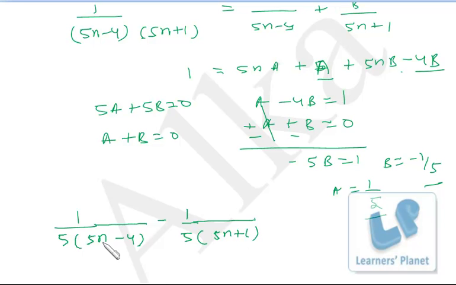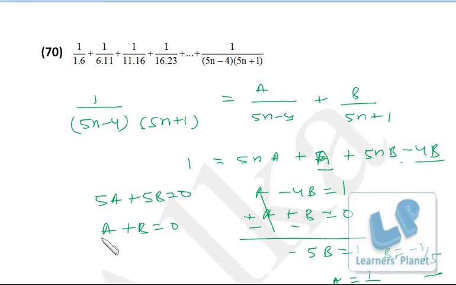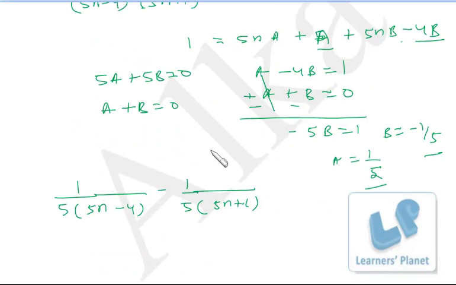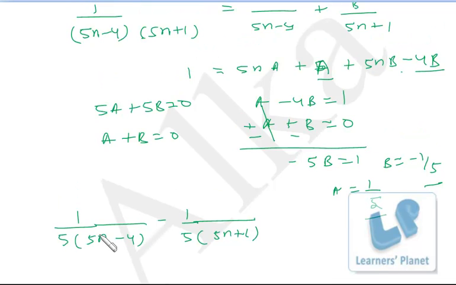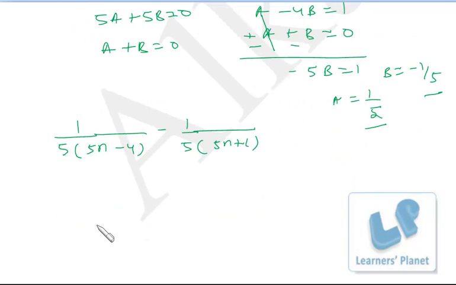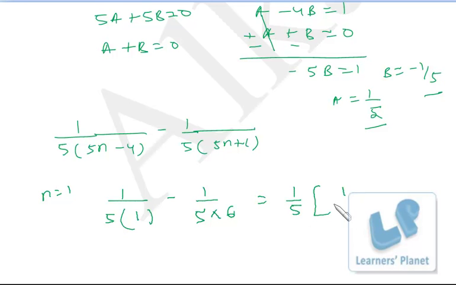Okay. Now you put n is equal to 1, and you'll be able to get 1 upon 1 into 6, and that can be written like this. So precisely what is happening, if you put n is equal to 1, 1 upon 5 into this is 1, minus 1 upon 5 into this is 6. So what it is? 1 upon 5 into (1 upon 1 minus 1 upon 6).